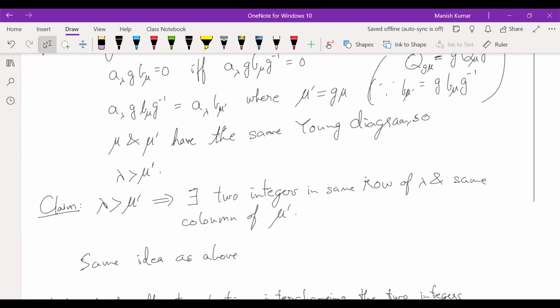You remember we had two tableaux, lambda and lambda prime, and there the claim was that if G is not in capital P lambda times capital Q lambda, then there exist two integers in the same row of lambda and the same column of G lambda, or lambda prime, which we called lambda prime.